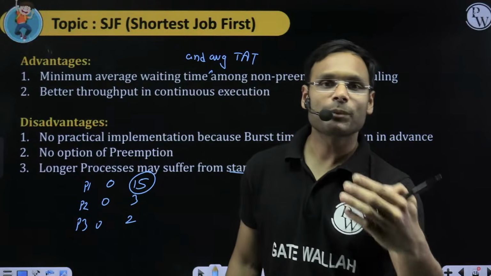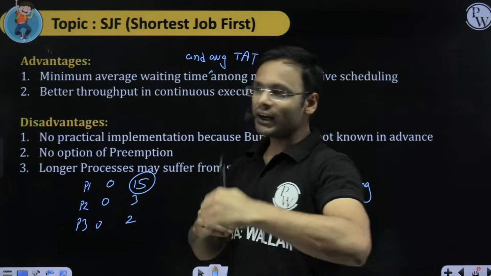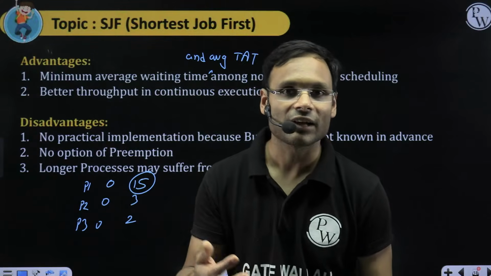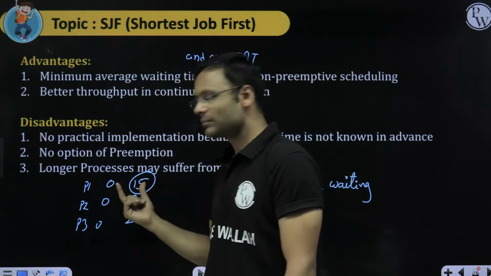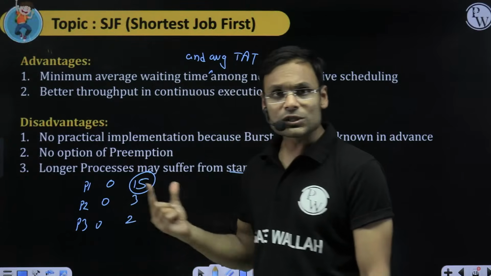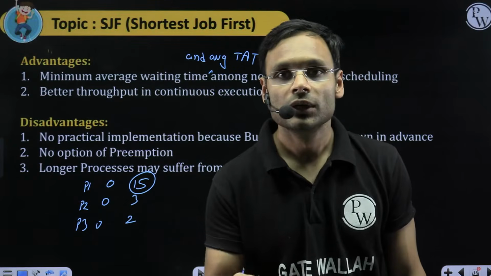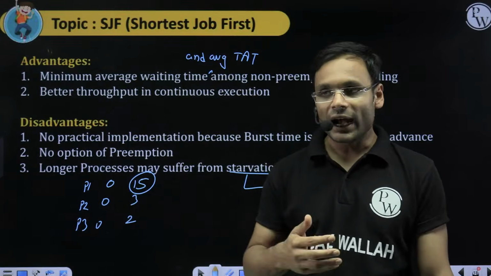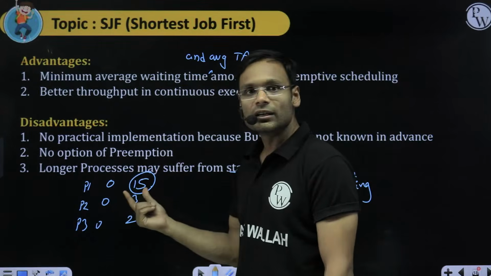Let's say P4 and P5 are executing, P1 is waiting, and during their execution 3 more processes arrive which have smaller burst times. P1 will not get the CPU. Processes keep coming and keep getting the CPU, and this process just waits. Till what time?